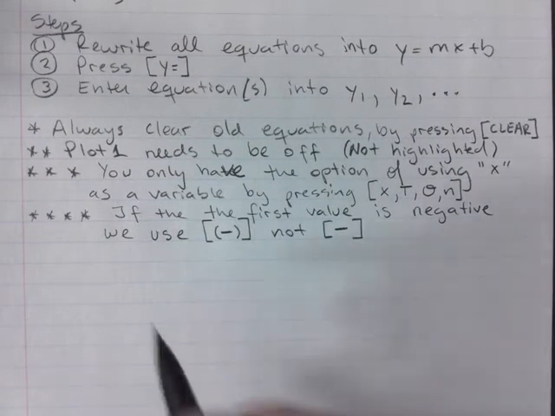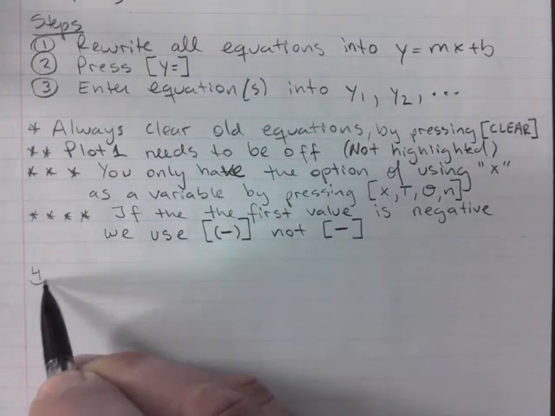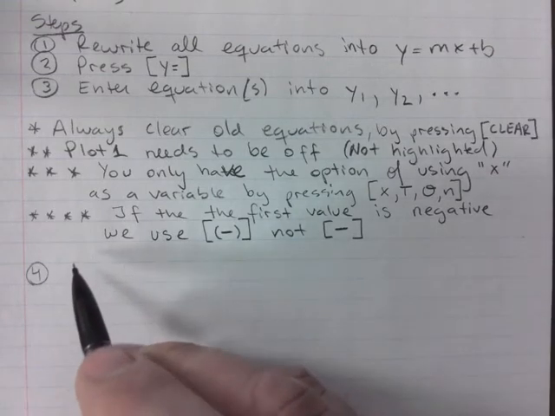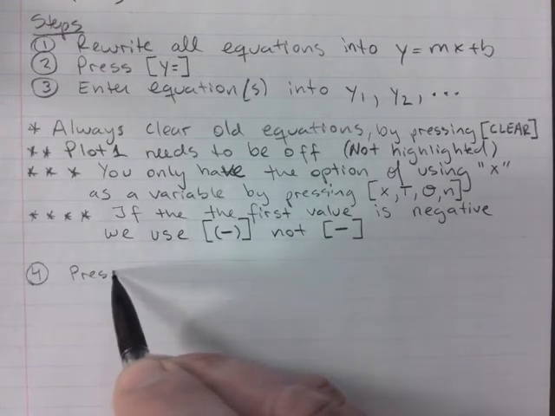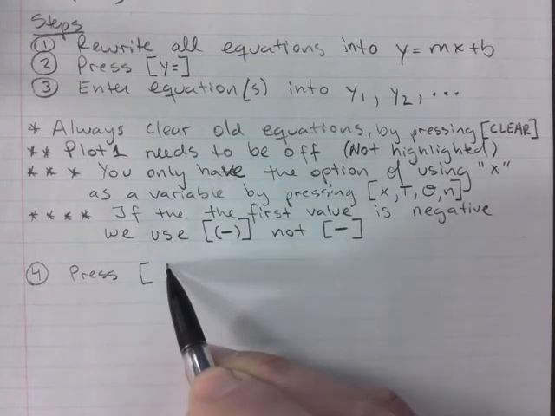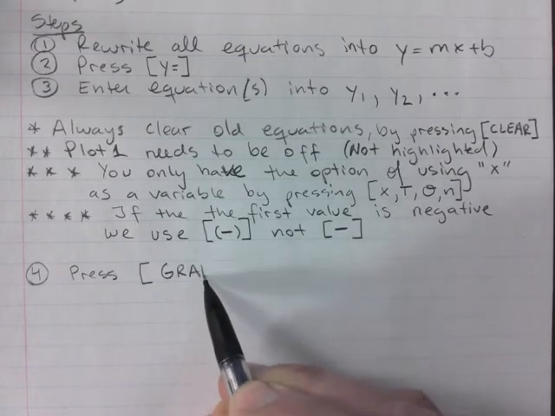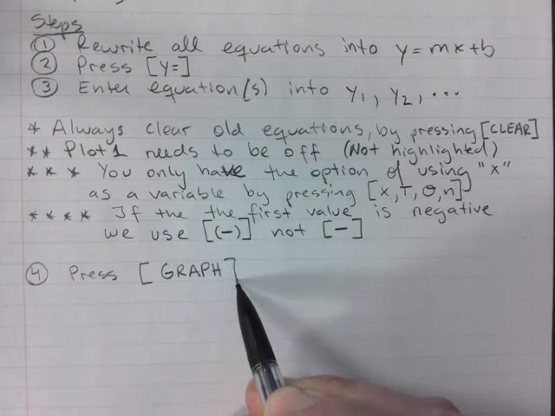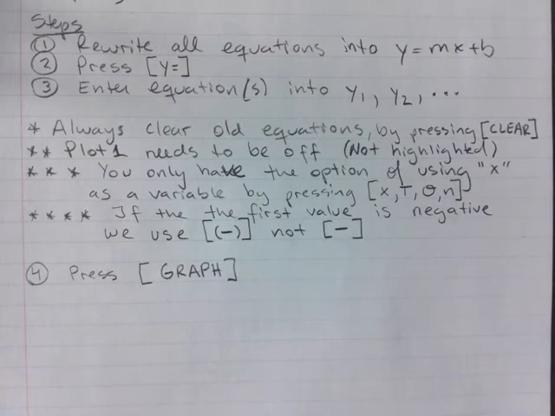Once you get all of that ready, now you can press graph. But you need to first make sure all those things that I just talked about here are taken care of.